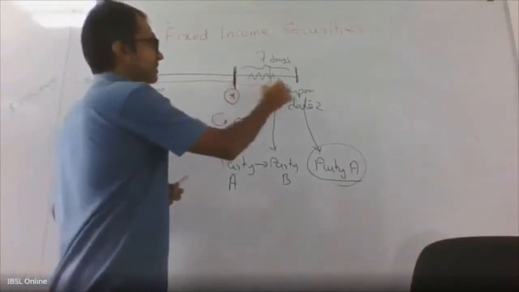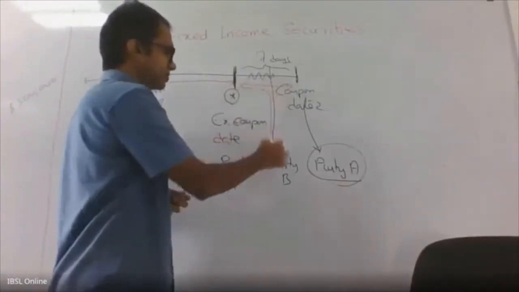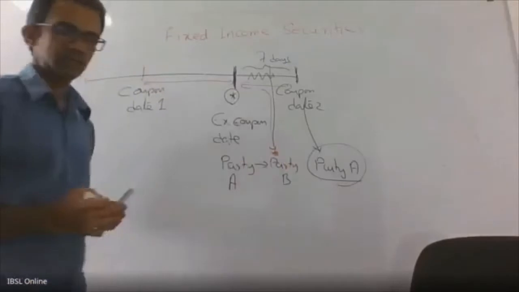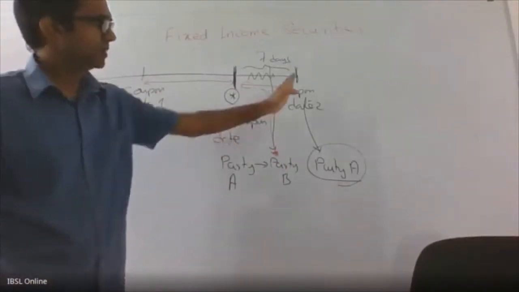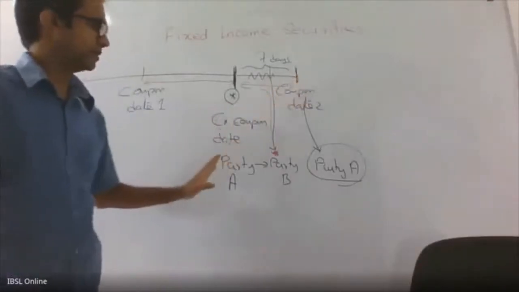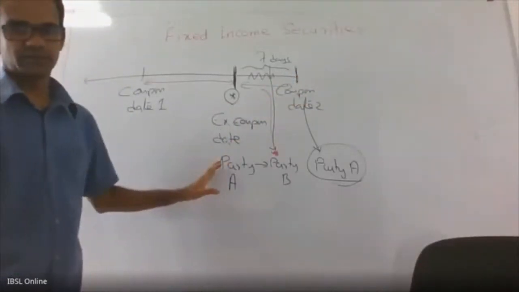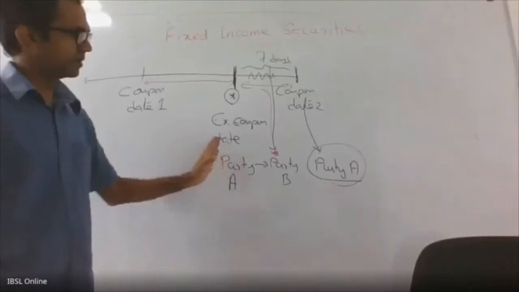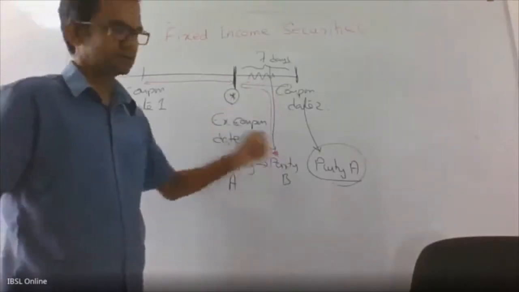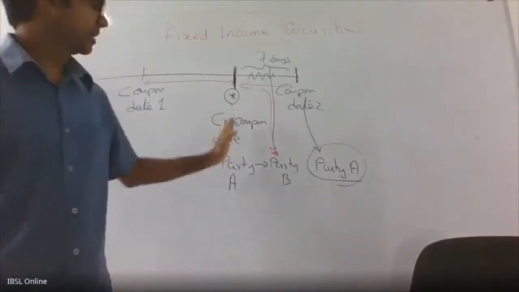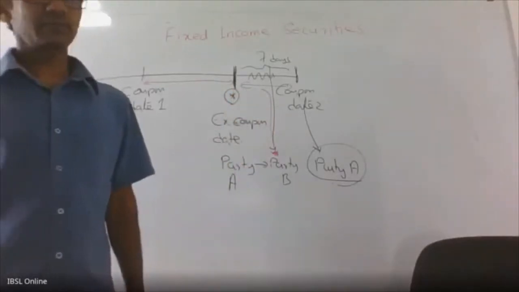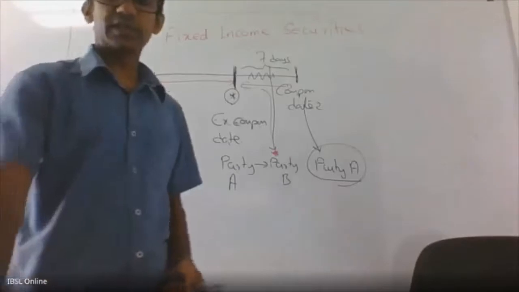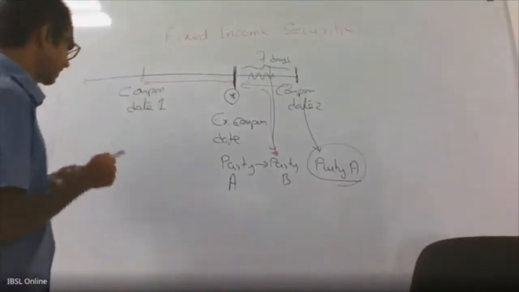For the last 7 days, interest income should go to party B, but he won't receive it because the issuer will pay the full coupon to party A. So therefore, party A may have to pay this 7 days interest to party B at the time of this transaction. That is ex coupon. Then traded flat.